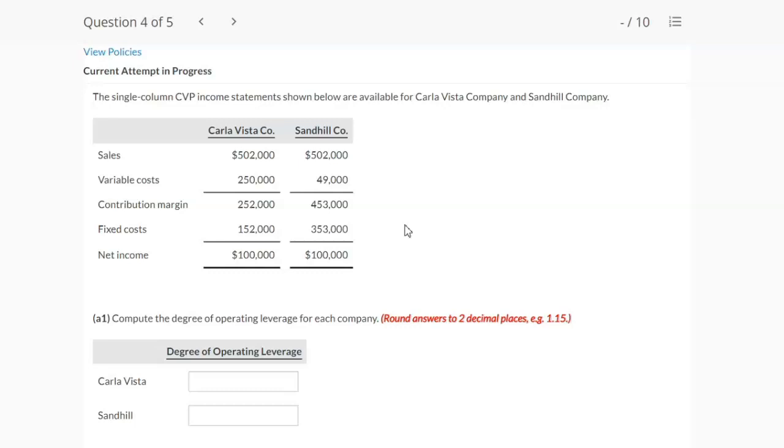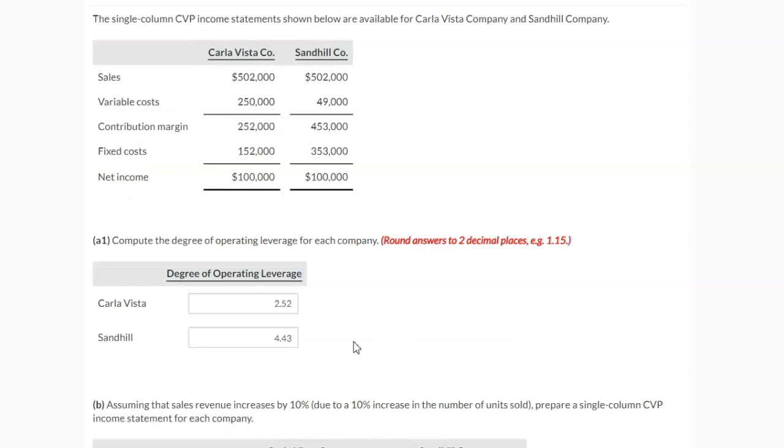That is $252,000 divided by 100,000, which gives you 2.52. And this would be 4.53. Yeah, 453 divided by 100,000.